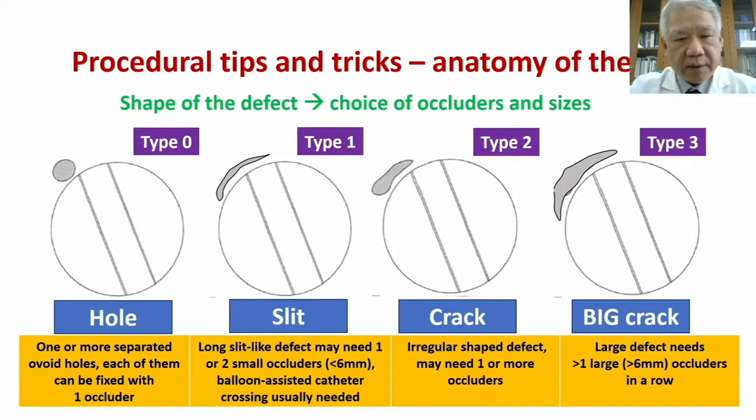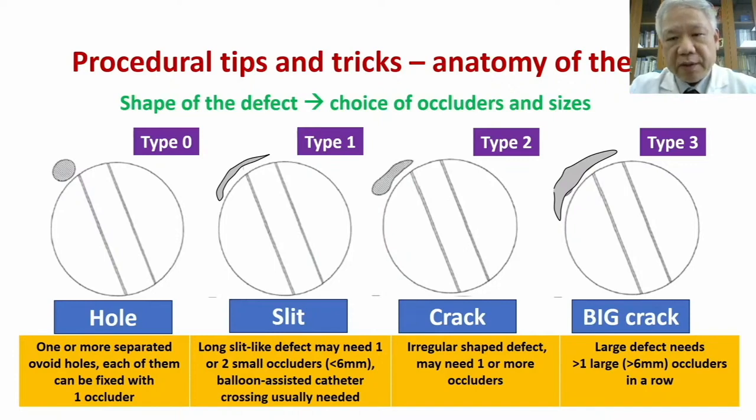Type 1 means a long slit-like defect, which may need one or more small occluders. Balloon-assisted catheter crossing may be needed. Type 2 means a larger crack, irregular shaped defect, which may need one or more different sized occluders.